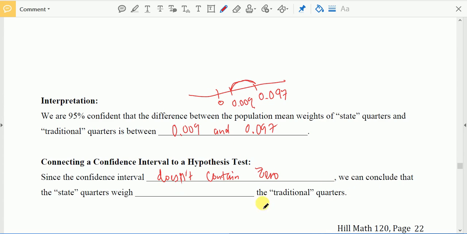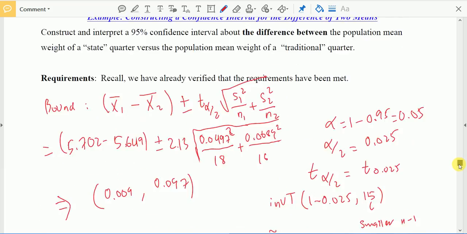We can conclude that the state quarter weighs more than the traditional quarter, because the null hypothesis says that they are equal, right? If you move the mu2 to the left side, then you have the right tail to be bigger than 0. The last example was the right tail.